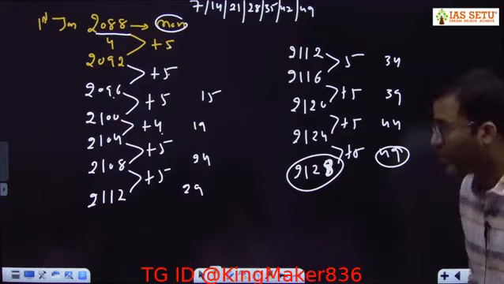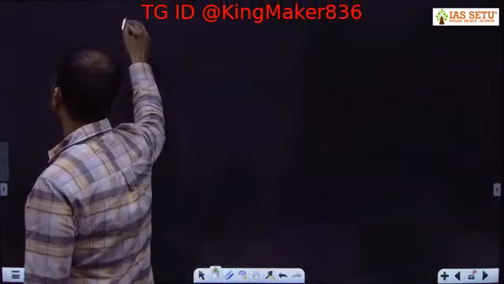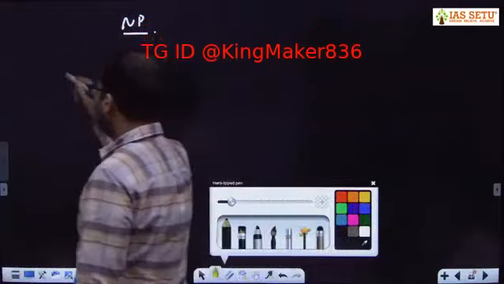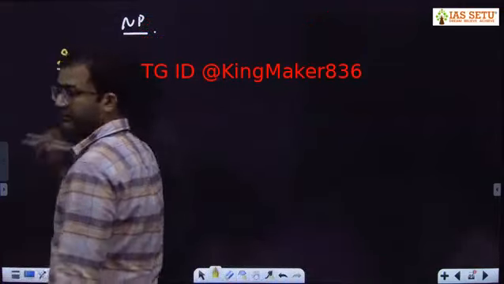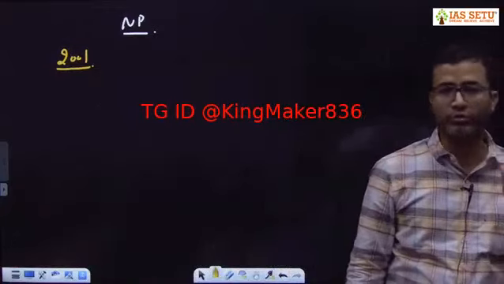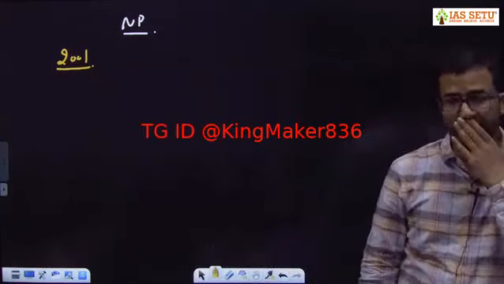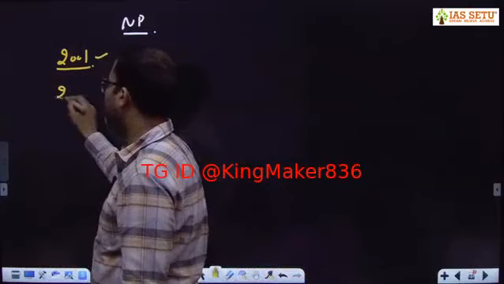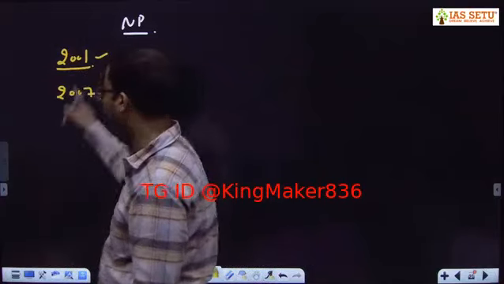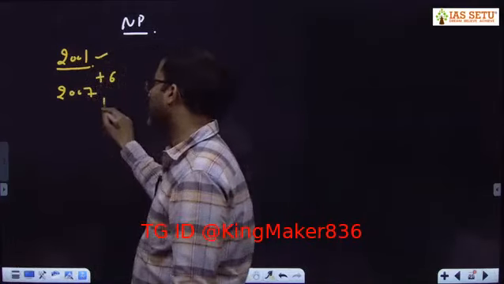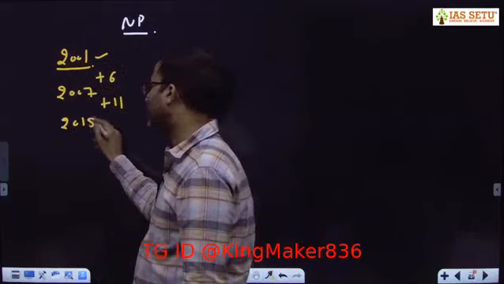Now question number 1: within a century, maximum how many times can a calendar of a normal year repeat? Okay, let us start with 2001. We start our 21st century from 2001. 2001 calendar repeats in 2007 because it is immediately after a leap year, plus 6. 2007 calendar repeats after 11 years, 2018.